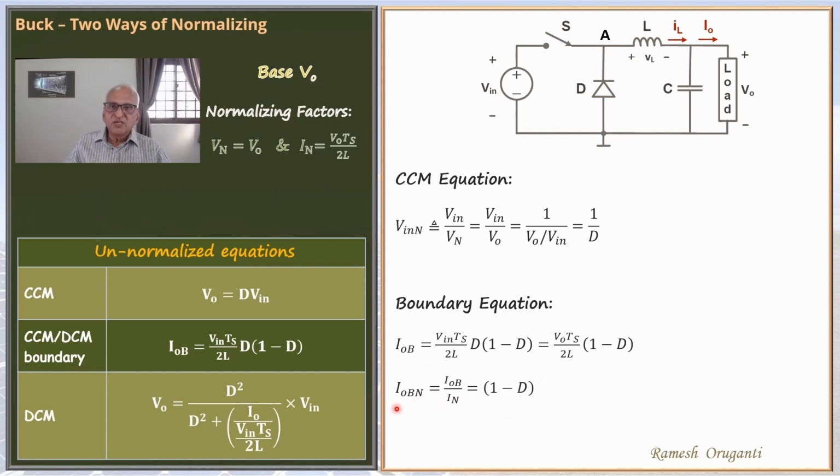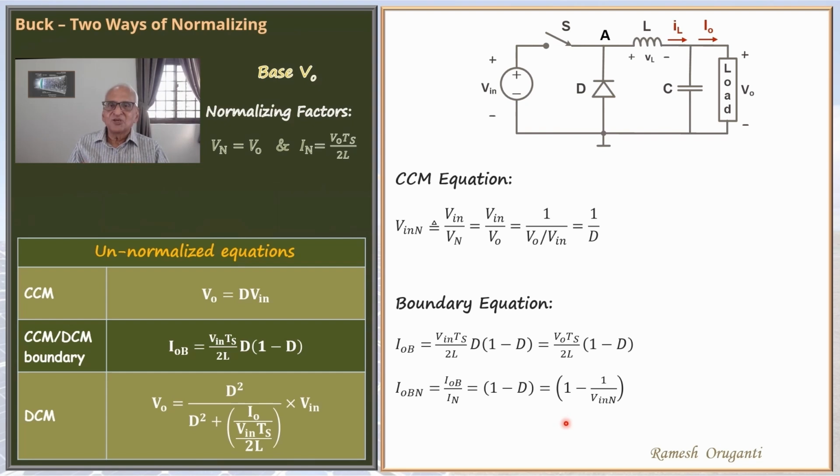So IOBN is 1 minus d and 1 by d is Vinn, and we can rewrite it as IOBN equals 1 minus 1 by Vinn. So these two equations were pretty straightforward, pretty easy to recast as base V0 equations.